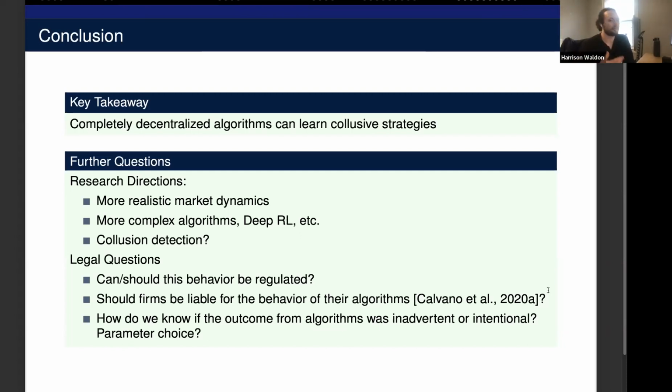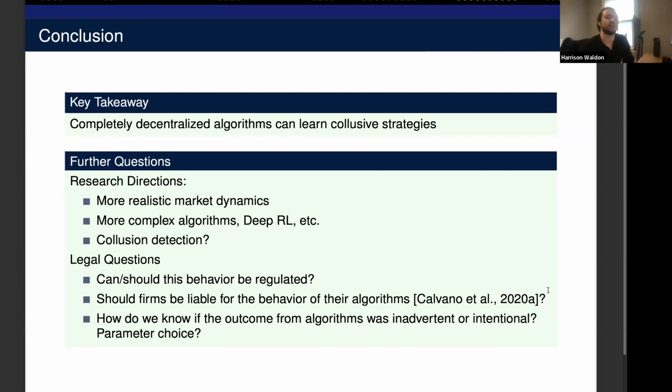So further directions to take this research, definitely, we want to consider a more realistic market dynamic. So considering stochastic games where the state process is going to track demand, and prices will have an intertemporal effect on demand. And of course, we can consider more complex algorithms.